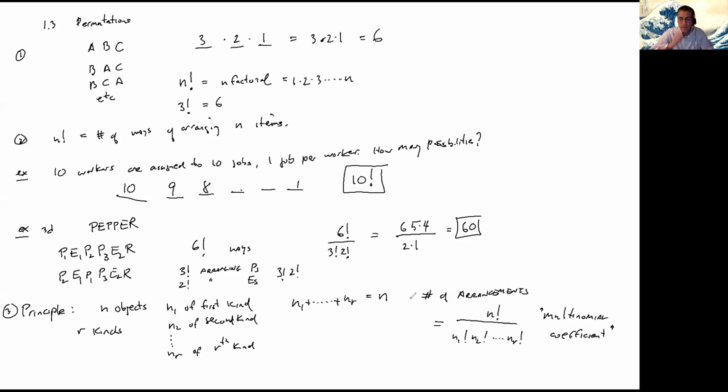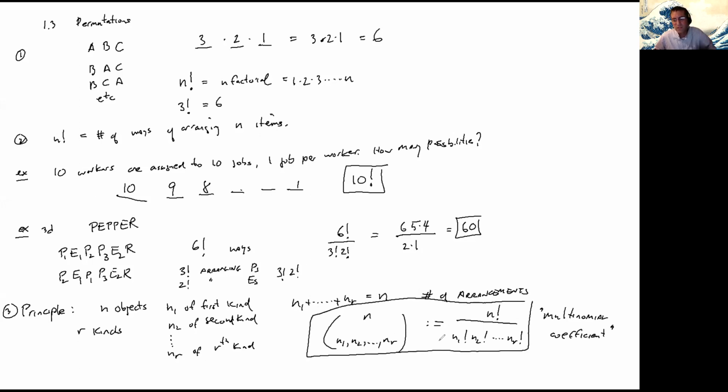We'll see why that term is called that later, but this is usually given notation. It's n, and then we have n1, n2, all the way up to nr, and so we usually write this expression like this. By the way, when I put 2 dots next to an equal sign, that means that's the definition of it. So that's called a multinomial coefficient, and in the previous example we actually computed one.